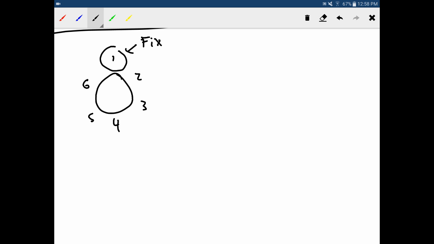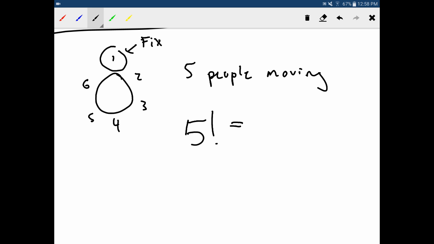So what you'll see then is that there are now 5 people moving. Okay? So that just means that we're going to have 5 factorial possibilities, which 5 factorial is just 120.